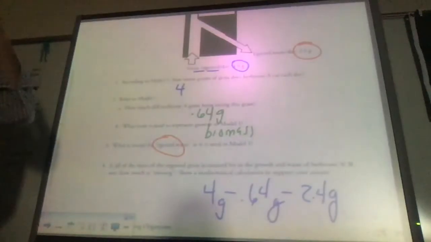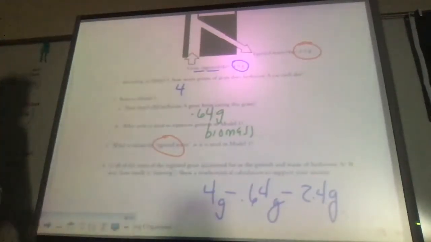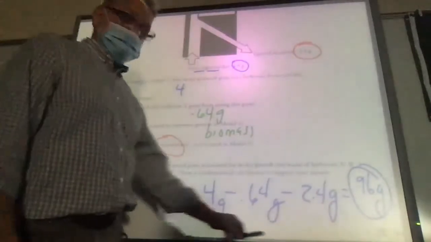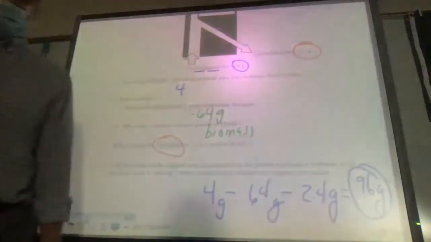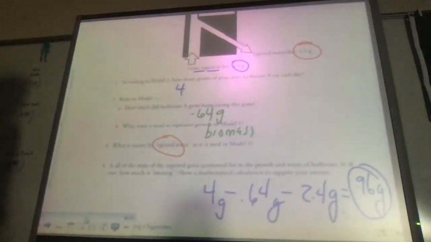We're going to subtract that because that's getting used. So if we take 4 minus 0.64 minus 2.4, do we get 0? No. We get 0.96 grams if you do the math. In other words, there's 0.96 grams unaccounted for, 0.96 grams that are not getting used by this organism.